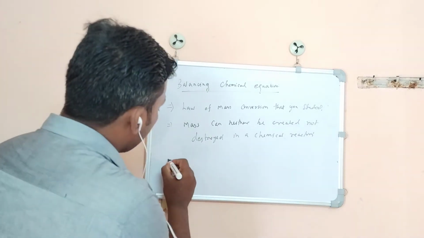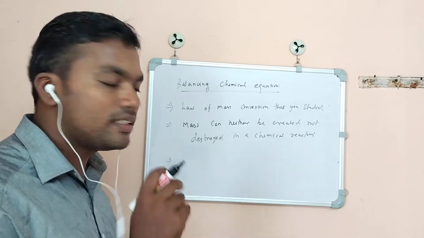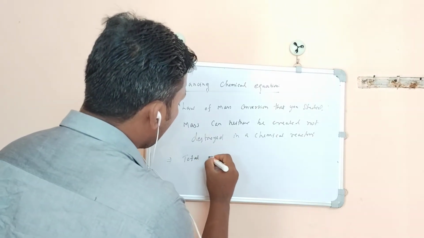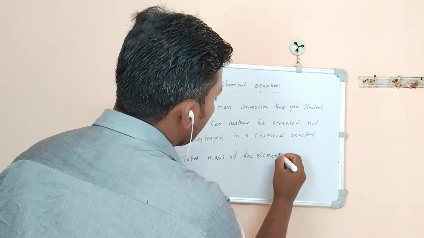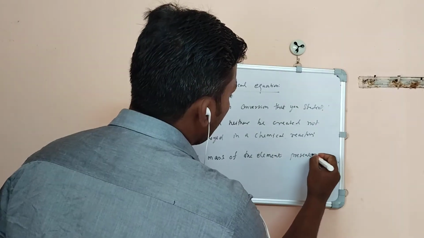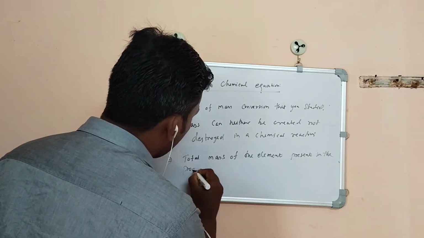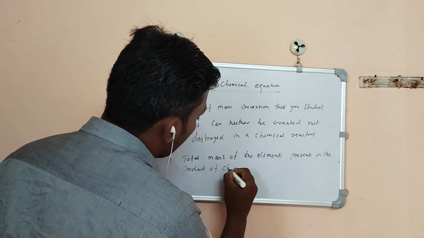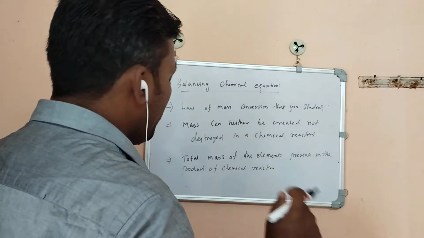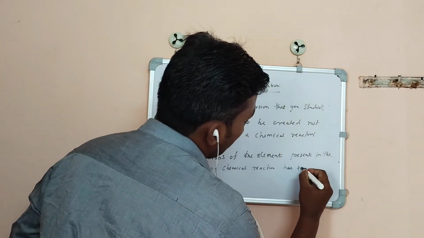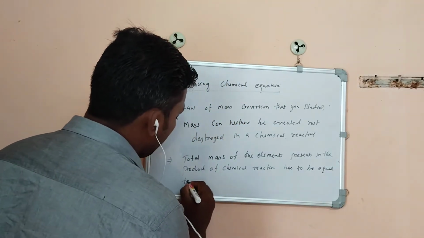Third, the total mass of the elements present in the products of a chemical reaction has to be equal to the total mass of the reactants.